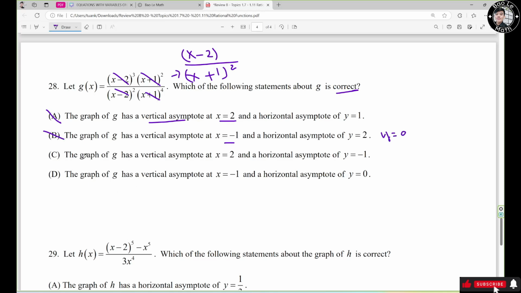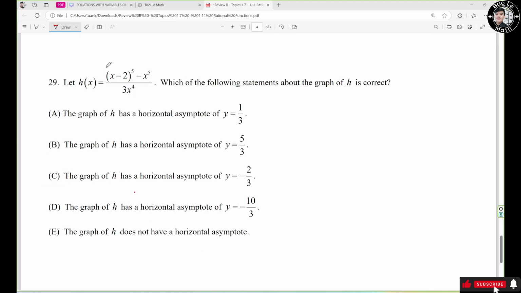Now, question C, the graph of g has a vertical asymptote s equals 2. No, vertical asymptote s equals negative 1, right? So this one is wrong. Now, D, the graph of g has vertical asymptote s equals negative 1 and horizontal asymptote of y equals 0. Yes, that's correct.